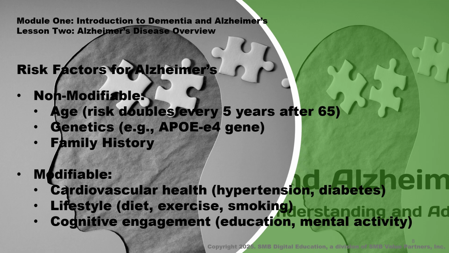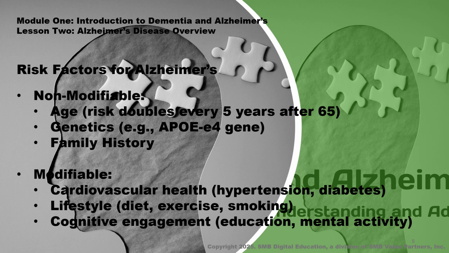However, modifiable factors offer hope for prevention. Managing cardiovascular health, like controlling blood pressure or diabetes, is crucial, as is adopting a healthy lifestyle with a balanced diet, regular exercise, and avoiding smoking. Staying mentally active through learning or puzzles may also help. Understanding these factors empowers us to take proactive steps.